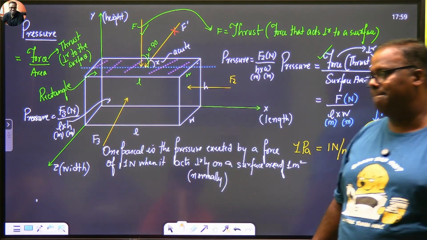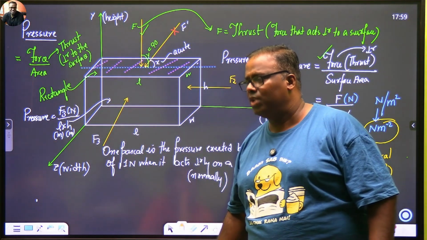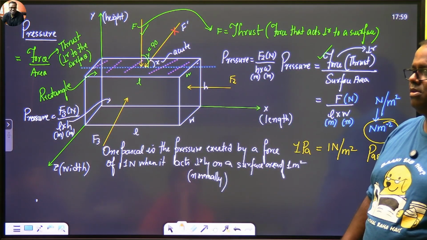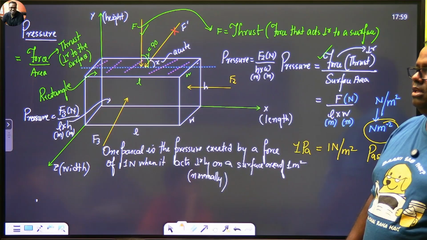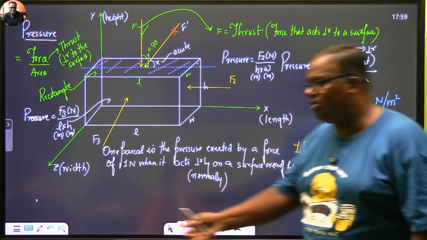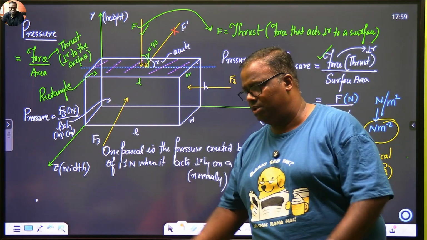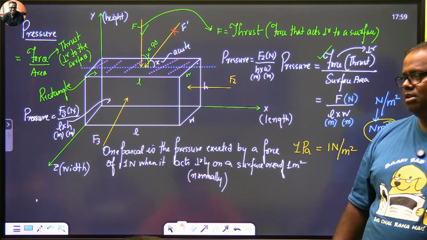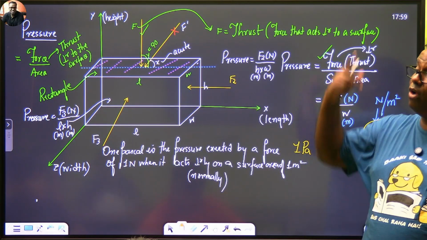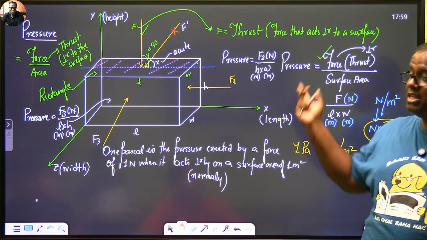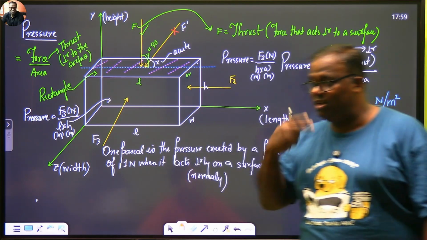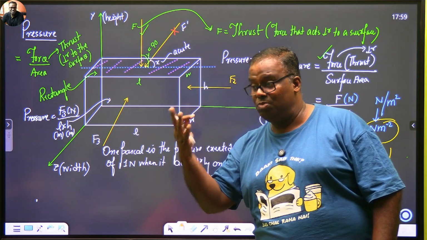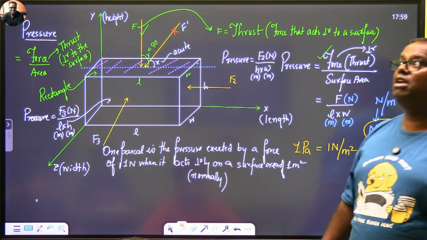So I hope no doubt is there on this first part of the explanation of pressure. What we will now do is that since we have understood what is pressure, we'll understand some daily aspects. We will see some daily happenings and things that happen around us, and we'll try to put the concept of pressure and see how the things have been designed so that the pressure exerted is taken care of.